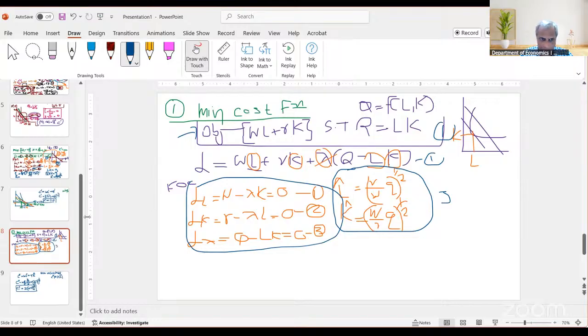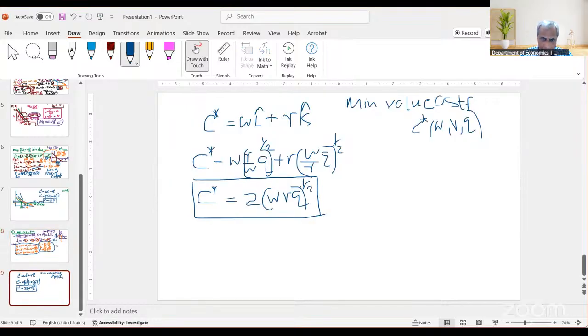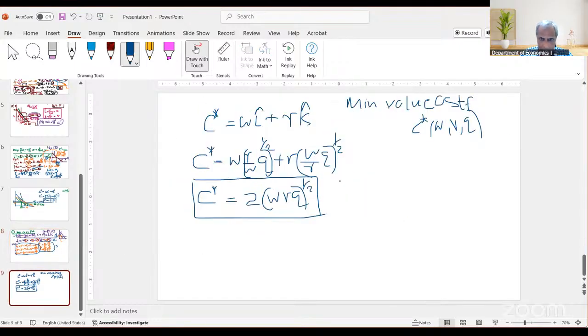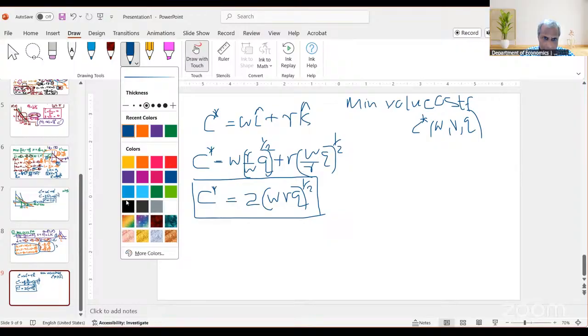The other 5 marks are for solving and getting this L hat, K hat, and the rest, to get the 10 marks. Now, we got this minimum value cost function.